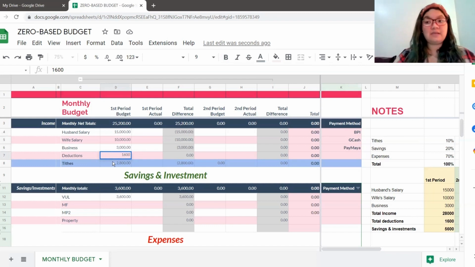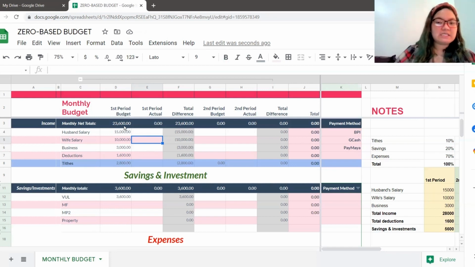Yun yung nasa deduction. Total deduction for this period is 1,600. So pag tinotal natin yung income minus the deduction, pati yung tithes, yung magiging net income natin ay 23,600. Ito yung para sa family.